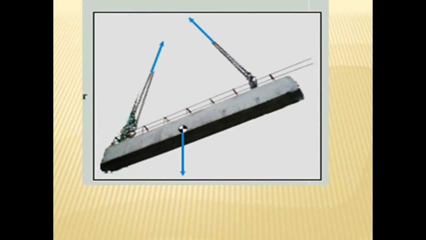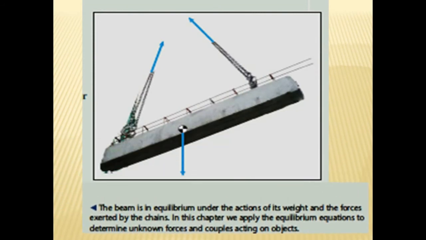Another example, if you look over here, you can see a beam. These beams are used in bridges on which cars and trains can move about. The transportation takes place. So if this beam is to be transported by means of wires and ropes, then you can see there are two blue arrows on the upside in the plus y direction, and then there is the resultant weight of the beam which is acting downwards.